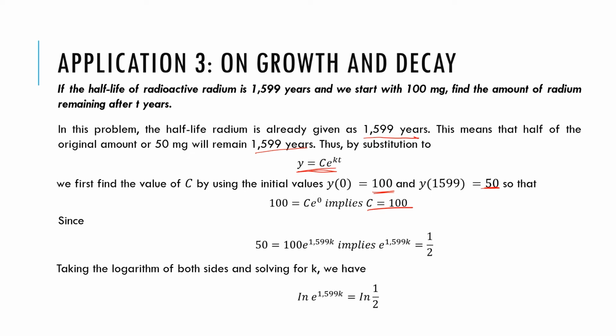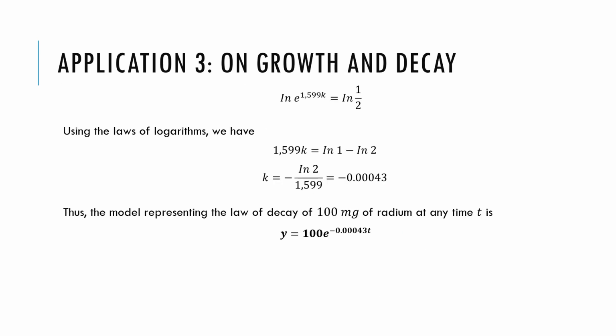So, yung 50 natin is equals to 100e raised to 1,599k. Then, divide both sides by 100. And we will get this part. e raised to 1,599k is equals to 1/2. Then, we need to take the logarithm of both sides. So, kaya may natural logarithm sa both sides. But, using the laws of logarithm, magka-cancel out yung natural logarithm and e. So, magiging 1,599k is equals to natural logarithm 1 minus natural logarithm 2.